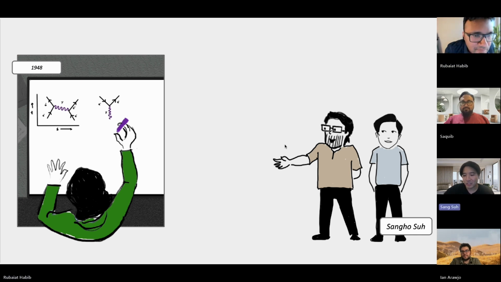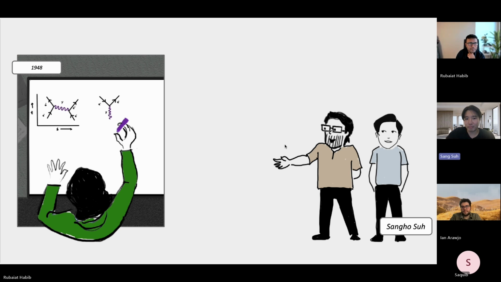Yeah, as you mentioned in the beginning, it's quite fascinating that before he introduced this very simple diagram, all the physicists primarily relied on long, complex equations to describe and make sense of how particles interacted.